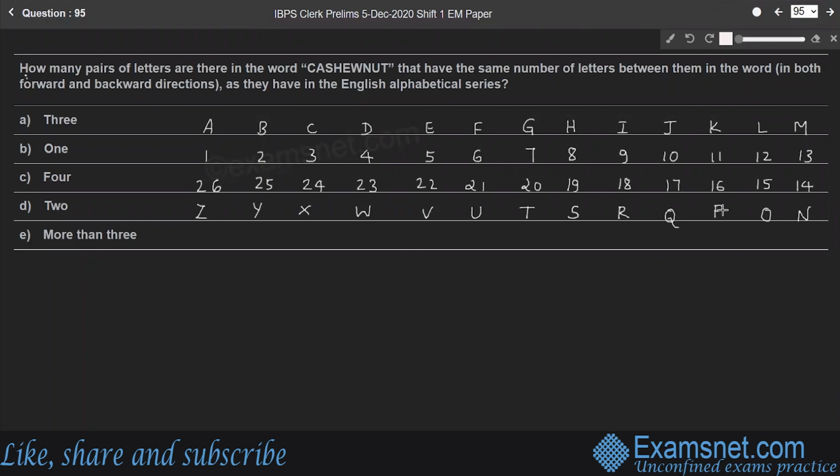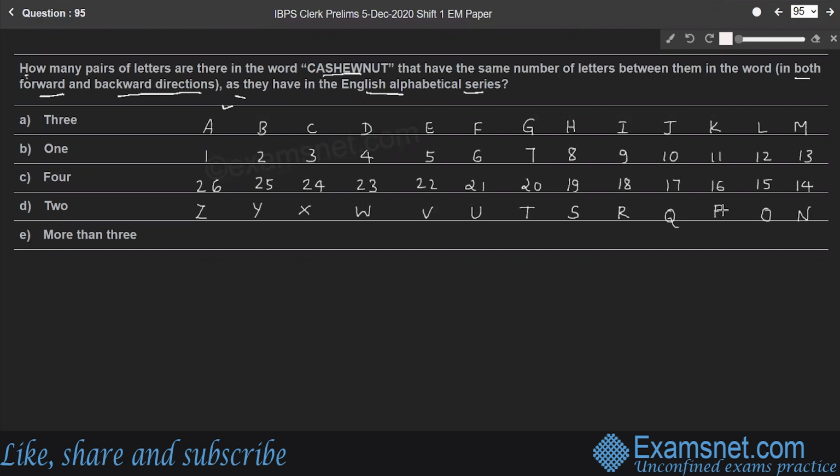Question 95. How many pairs of letters are there in the word cashew nut that have the same number of letters between them in the word as they have in the English alphabetical series? Here in both forward and backward directions, we can take the pair of letters, right? So here, the English alphabetical series I have written.